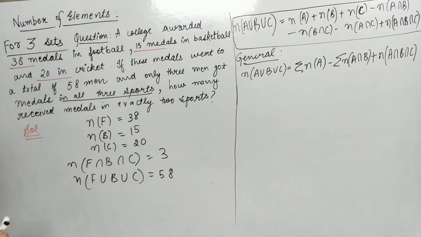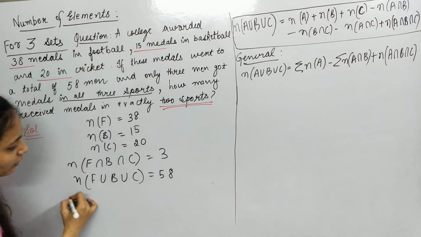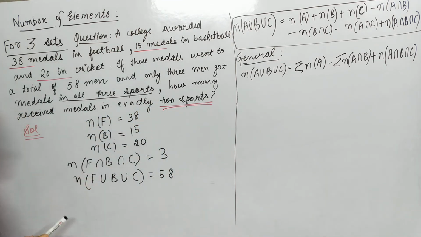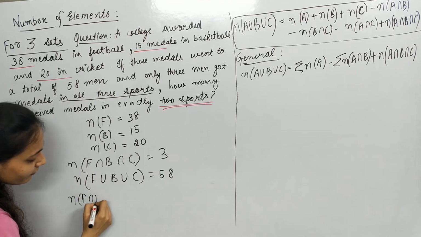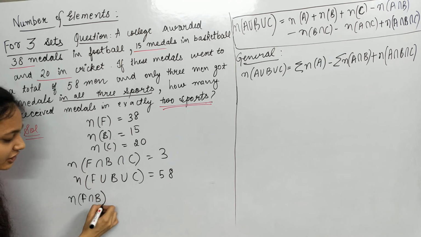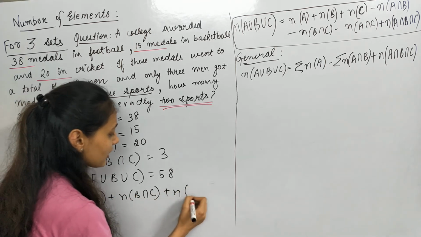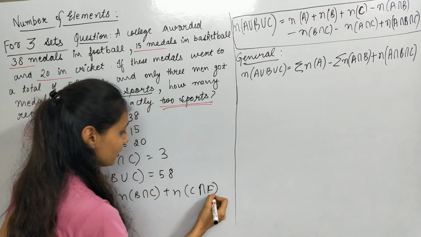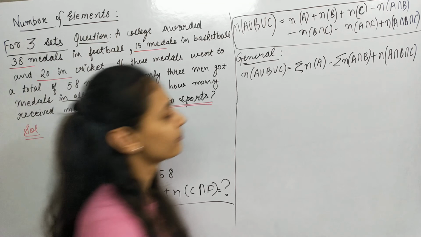So how many received medals in exactly 2 sports? That means you have to calculate how many football intersection basketball plus basketball intersection cricket plus cricket intersection football. So exactly 2 sports में medal how many men को मिलता है.